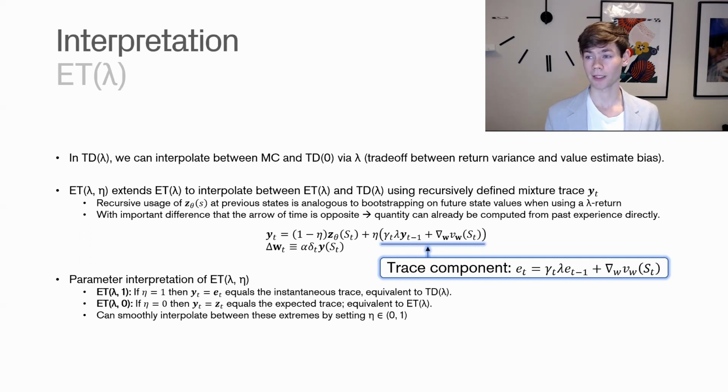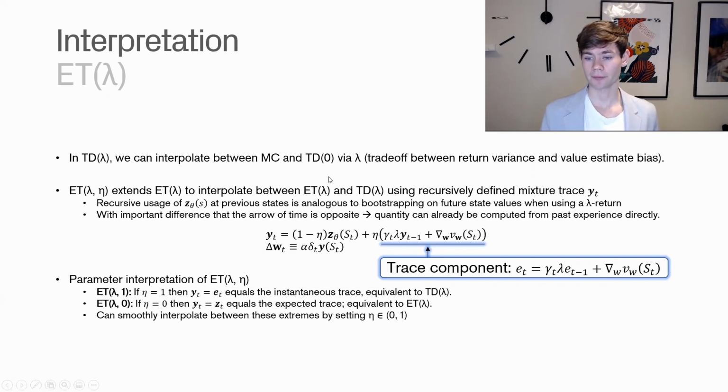So the rewards that we accumulated were future rewards. But here, we're making still a trade-off between a state-based estimate and then the full history, let's say, but we're going backwards. So the time arrow, let's say, is in the other direction. And this means that we can actually estimate it directly. So we don't need to wait for future observations, even though we're using, let's say, a mix between a state-based estimate and then a trajectory-based one.